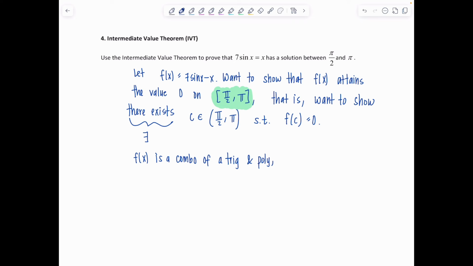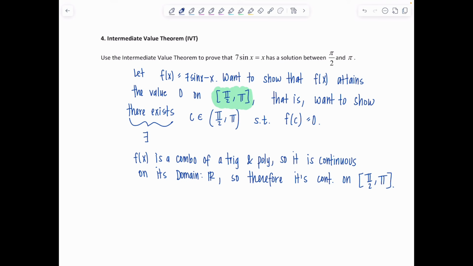So the theorem applies, so it is continuous on its domain. So we have to identify what its domain is. What is its domain? That's right, all real numbers. So therefore, if it's continuous on all real numbers, it's continuous on pi over 2 to pi. So we can use the intermediate value theorem. Hooray! If it wasn't continuous, can't use it.